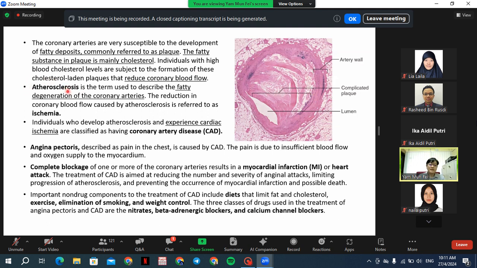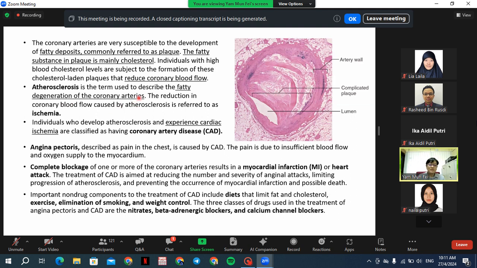What does atherosclerosis mean? Atherosclerosis refers to fat degeneration of your coronary artery. Not only fat deposit, but already degeneration. Compared to deposit, degeneration is far more serious.